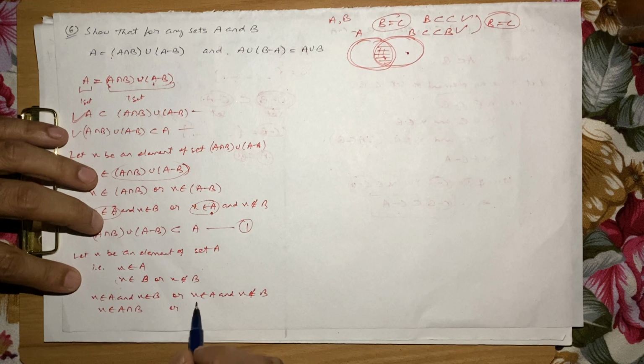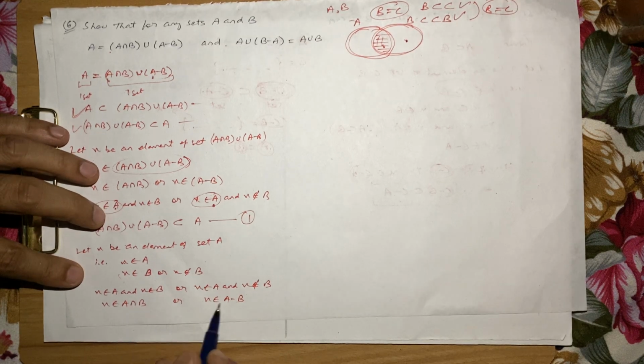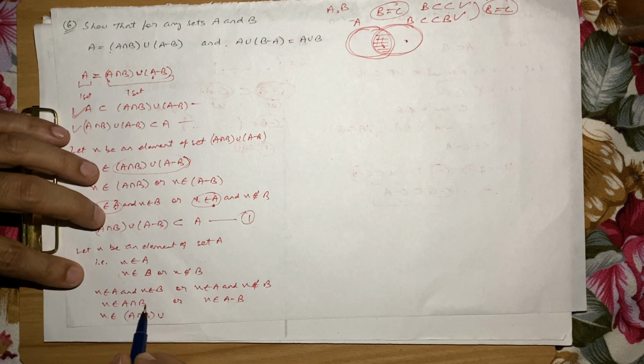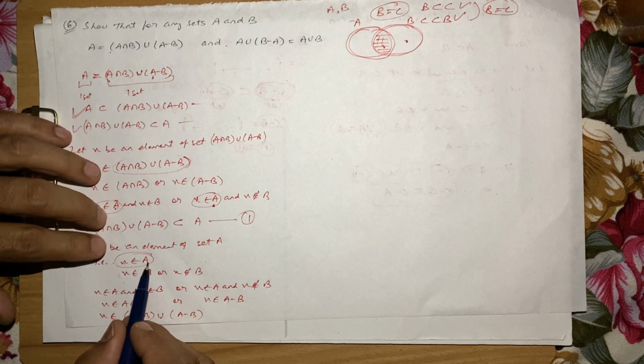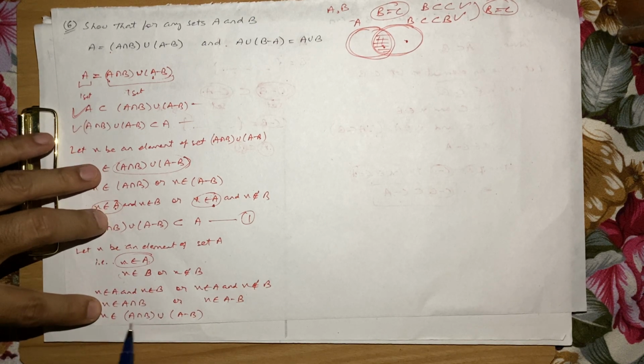Or X belongs to A and X does not belong to B, then I can say X belongs to A minus B, right? So combine these two things: or means union. I can say X belongs to A intersection B, or means union, and then A minus B. So you started from X belongs to the set A and you have shown that X belongs to this set.